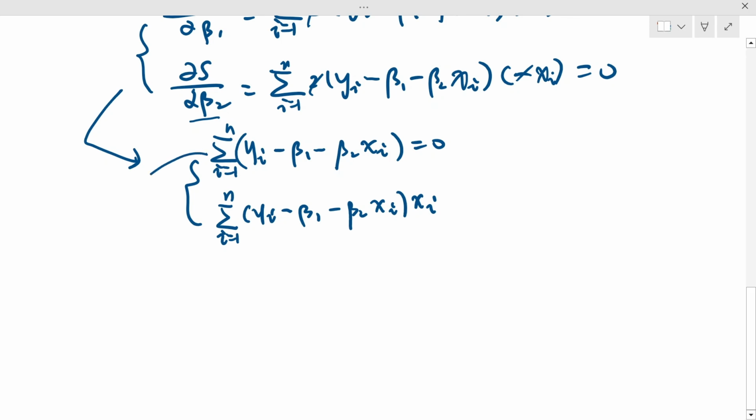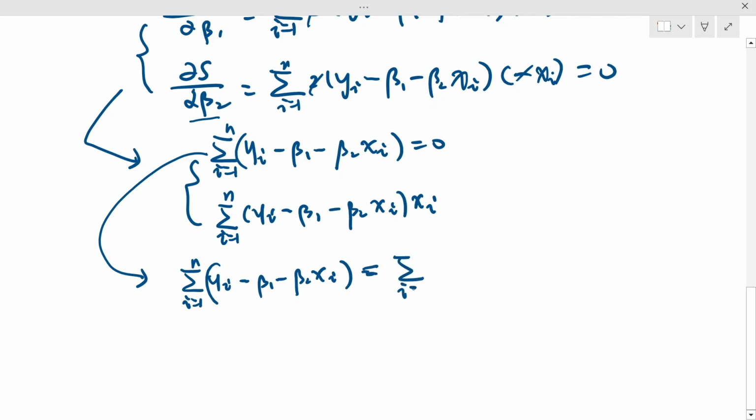Okay, let's look at the first equation. This sum inside is equal to the sum of yi minus the sum of beta 1. Note that this beta 1 does not depend on i, so we can pull it out of the sum.